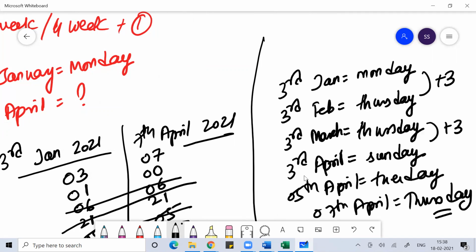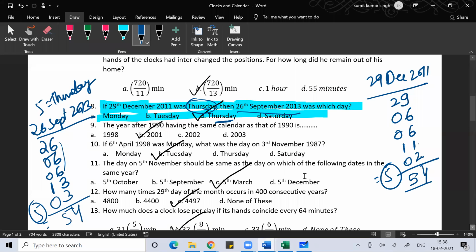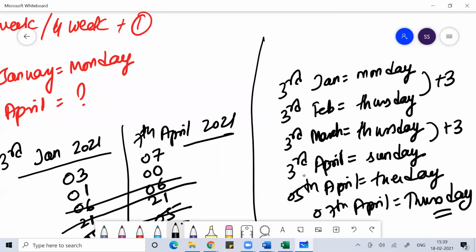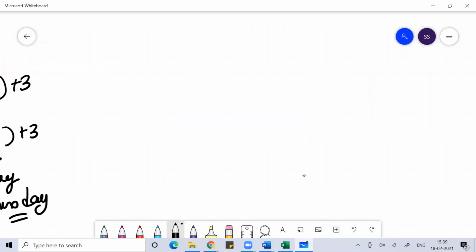So the same logic we can use here also. If 29th December 2011 was Thursday, then if I ask you 26 September 2013, which day?